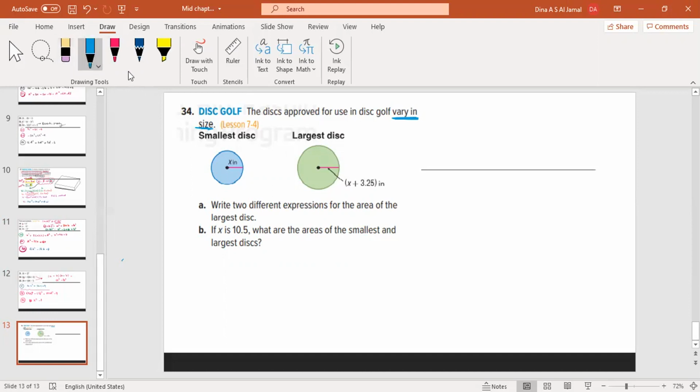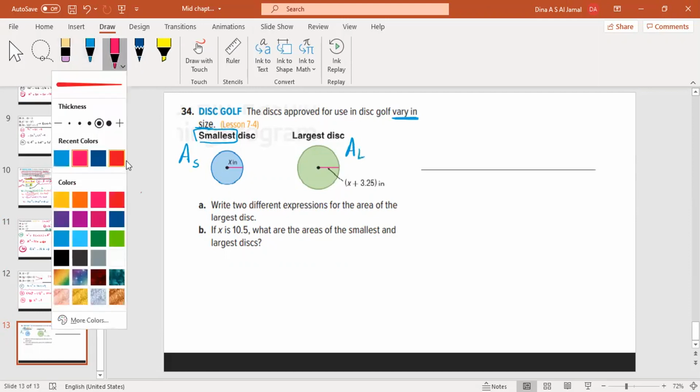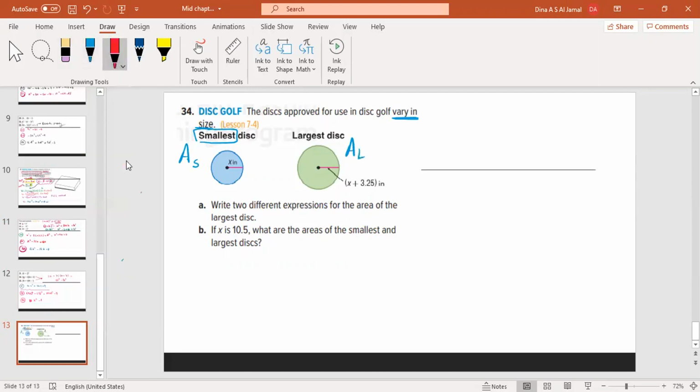So from the beginning, let's call this smallest area AS, here area AL. In general, whenever you are having any circular part, you should know that the area is all about pi r squared.